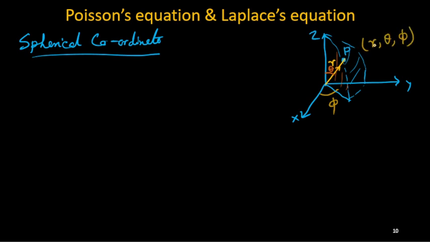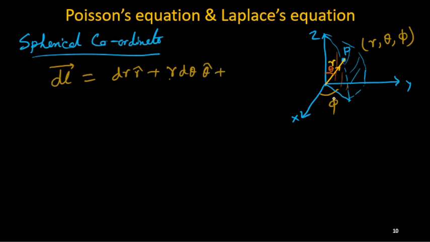I will discuss in detail in one video how to get all those things. Here the elemental length vector is defined as follows. If there is a small change in r, it is dr, r vector, that's simple. A change in theta is r d theta, theta vector.